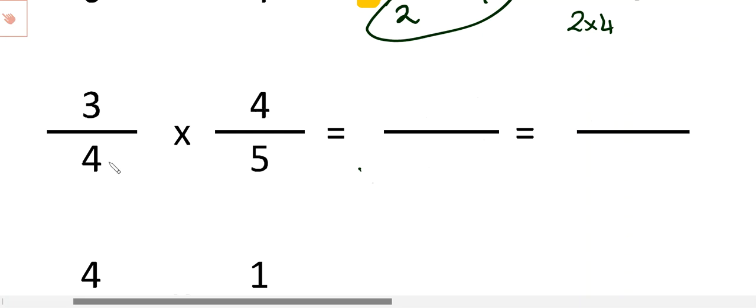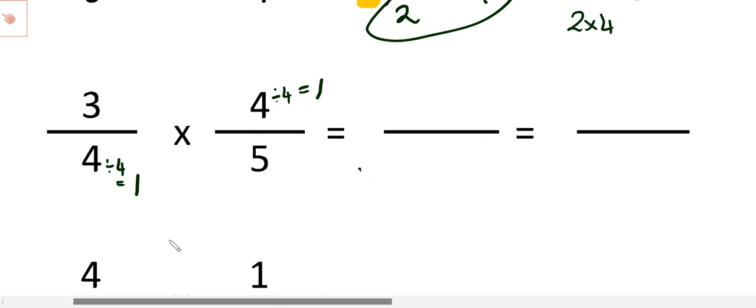So the 4 and the 4, I notice, have a common factor. What's the common factor of 4 and 4? 4. Okay? I'm going to divide that 4 by 4, and I'm also going to divide that 4 by 4, because they both can divide by 4. What do I get if I do 4 divided by 4? 1. And what's 4 divided by 4 here? 1.